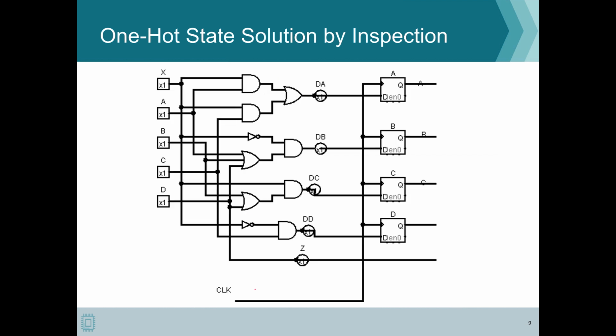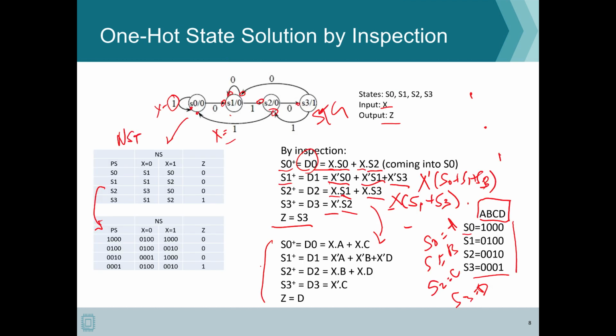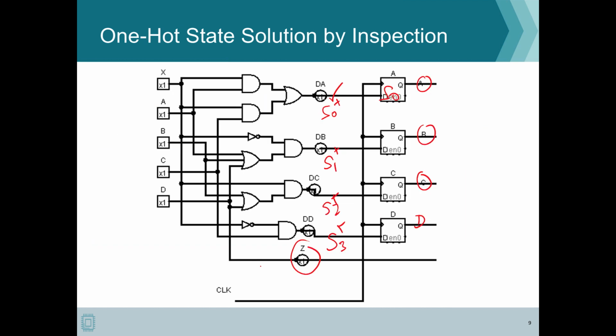So here is the complete solution. This was S0, and this was variable A, B, C, and D. This is your D of A, which would be nothing but S0 plus, D of B, S1 plus, D of C, S2 plus, and D of D would be S3 plus, and that's the value of Z. So the value of Z is nothing but just D, which is coming from here, as you can see.